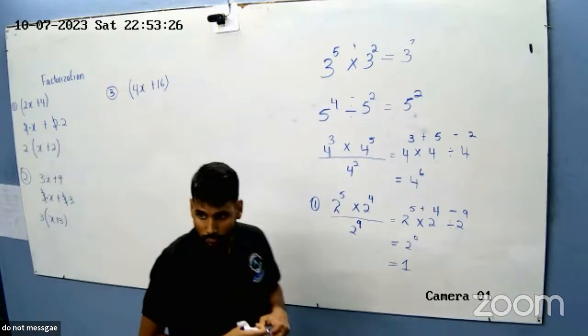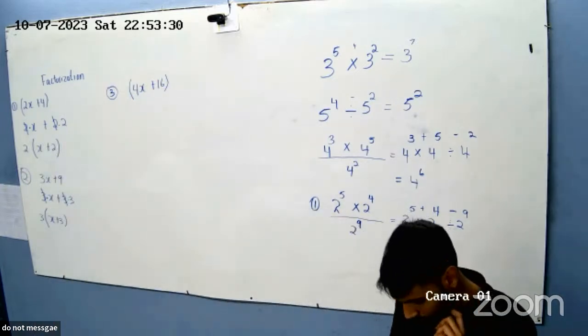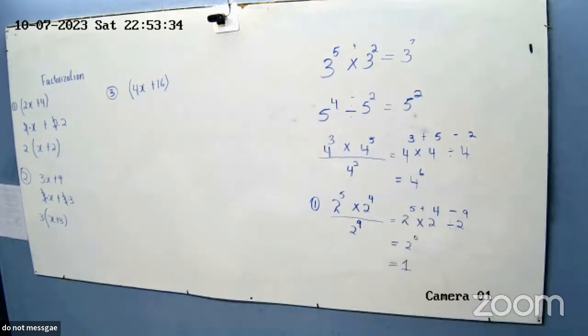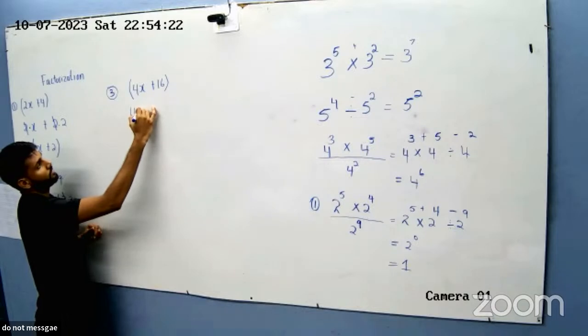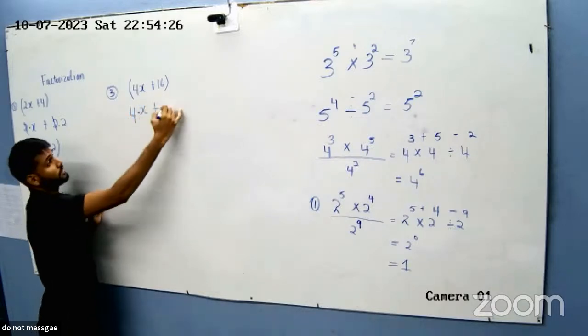Try this one. So how do we split this up? 4 by x plus, what's the right? 4 by 4.